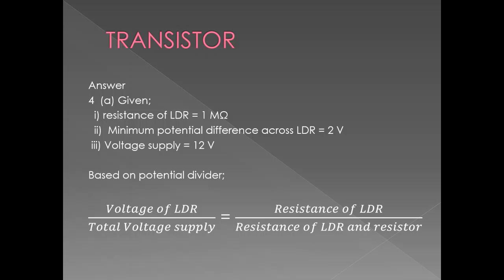So in order to answer this question, we use the potential divider method, which uses the ratio of voltage and resistance. The voltage of the LDR over the total voltage supply equals the resistance of the LDR divided by the resistance of the LDR and resistor.